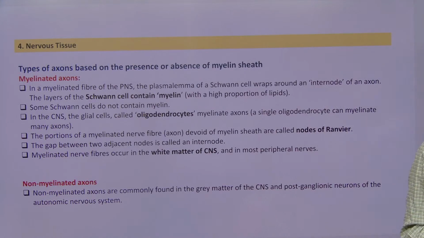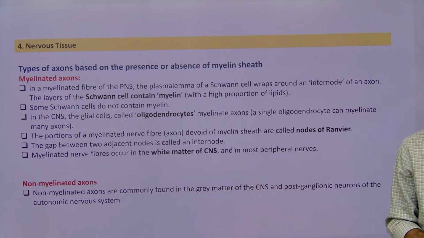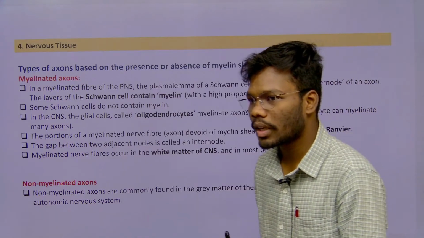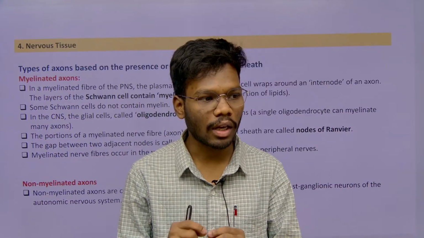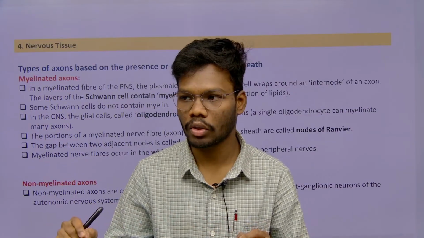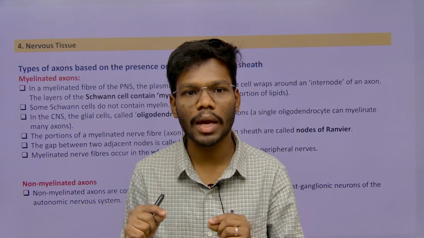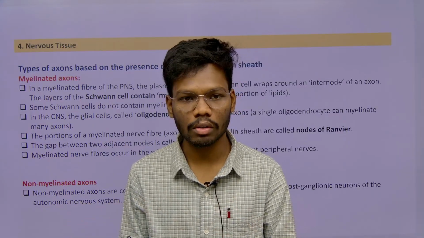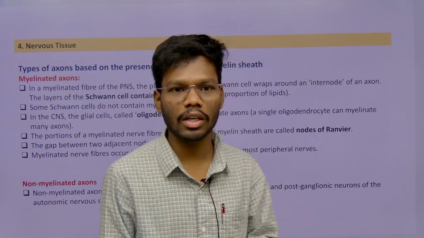right? So based on the presence or absence of the myelin sheath, I said there is one very important cell, which is called the Schwann cell. This Schwann cell is for the fast conduction of the neuron. So this Schwann cell is producing one layer, which is called what? Myelin sheath. If the neuron is having a myelin sheath, then these neurons are called what?